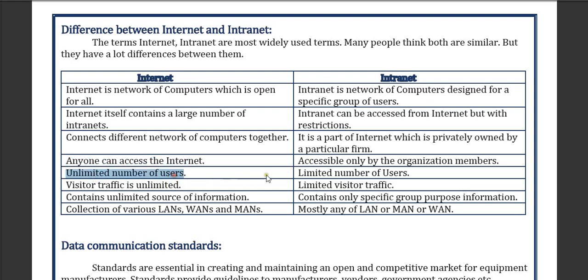The internet has an unlimited number of users, but an intranet has a limited number of users. Visitors or traffic are unlimited on the internet, but here it is limited. LAN, MAN and WAN can be used in the internet, but mostly the intranet uses LAN, MAN and WAN. The difference between internet and intranet is very important for your examination questions. Take a snap of this one.